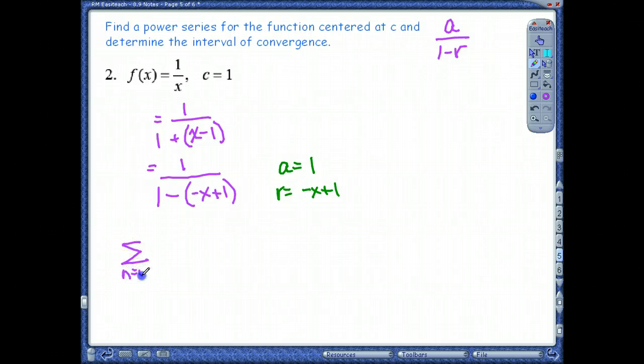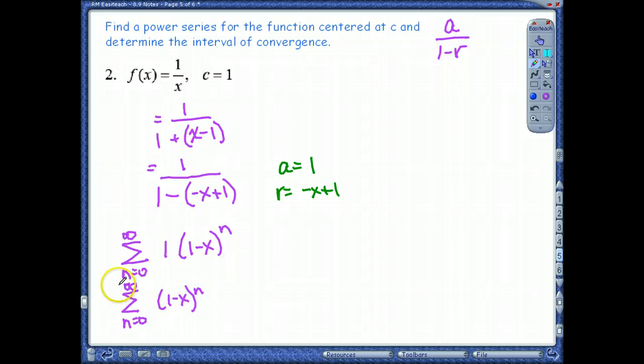So we've got n equals 0 to infinity. Our a was 1. And then I really don't like starting off on a negative note, so I'm probably going to just rewrite it like that. Now, if you don't want the 1 in there, you most definitely do not have to put that there. I can understand if that makes you feel a little goofy.